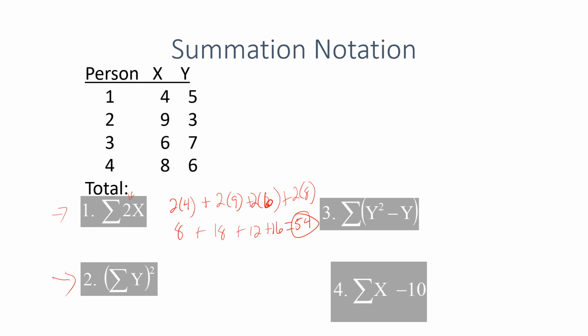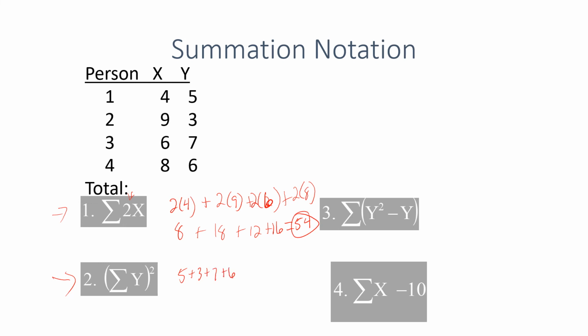Number 2, go ahead and pause it and try it on your own. Okay. Now, again, order of operations is important. We now have parentheses around the sum of y. So we're going to do that first. We're going to do 5 plus 3 plus 7 plus 6.